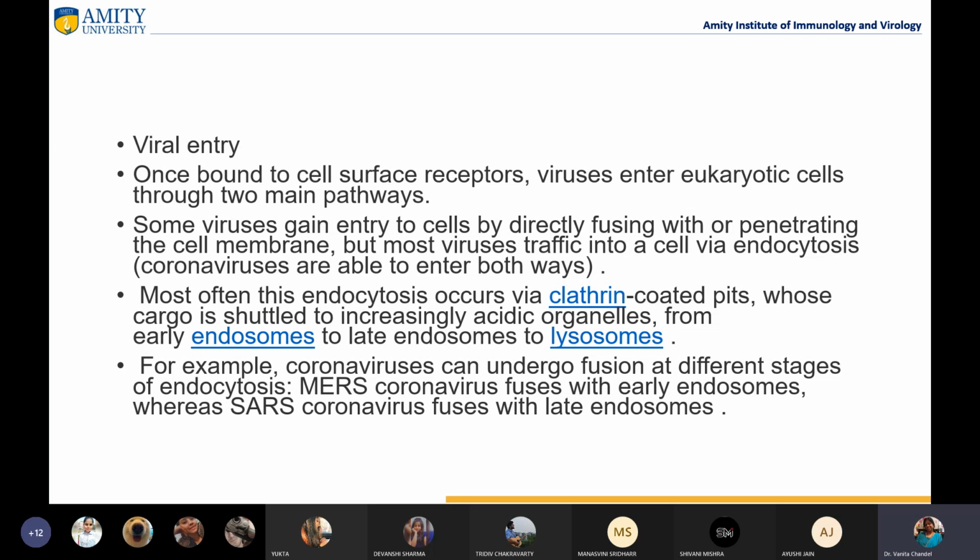Let me assign it. Okay, I have assigned it, it should be visible to you. In one paragraph, or by drawing a line in between, differentiate between the lytic and lysogenic cycle of a virus. I don't know if it's visible yet. I'm still assigning.